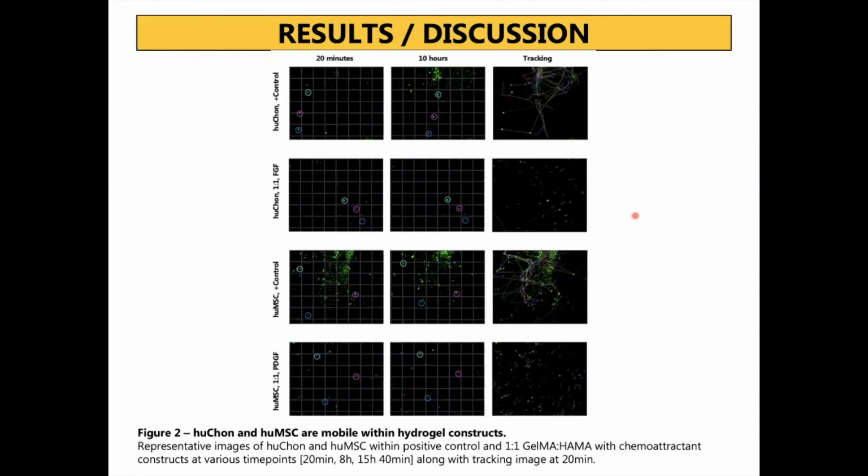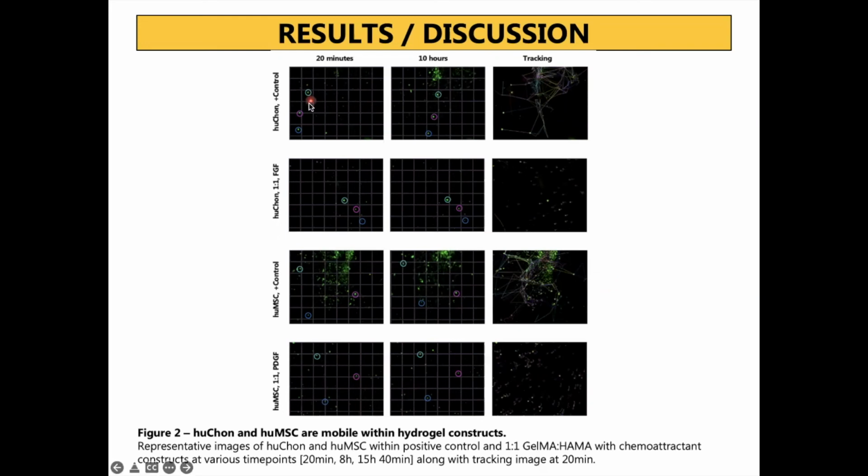Here you can see the results for the mobility time-lapse. On rows 1 and 3 of this figure, you can see positive control for both human chondrocytes and MSCs. On rows 2 and 4 of this figure, you can see the human chondrocytes and hydrogel containing chemoattractant. Overall, the mobility of human chondrocytes and MSCs can be seen in this image.